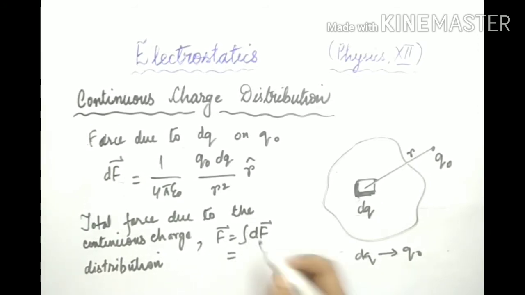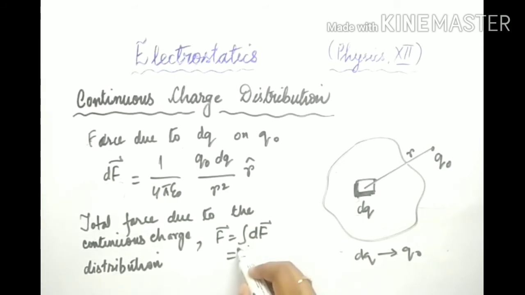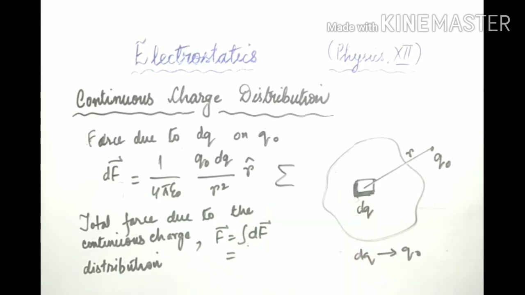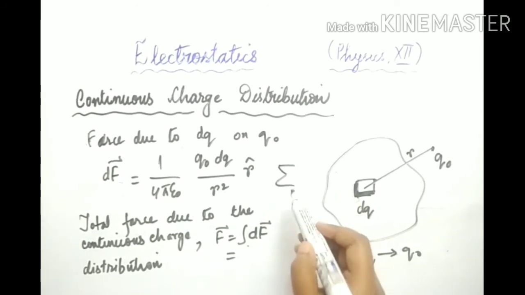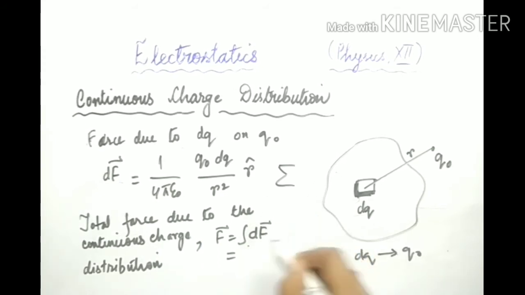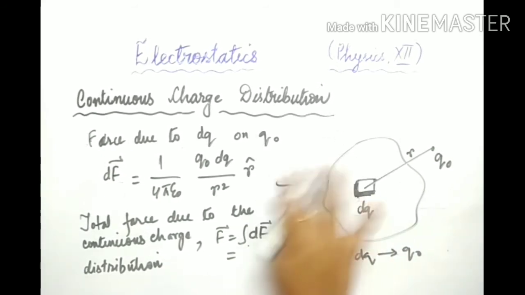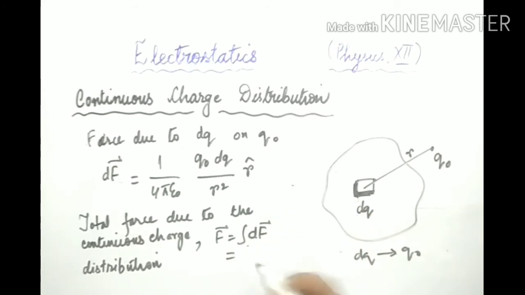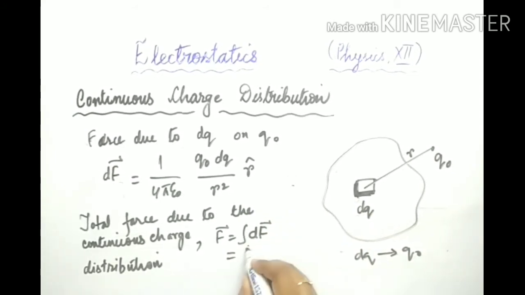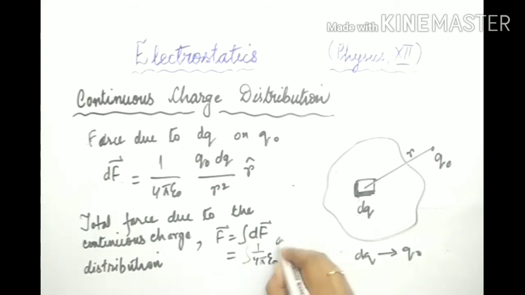So why are we using integration? Integration is used whenever we have a continuous charge distribution, and summation is used whenever we have a discrete system of charges, that is, you can distinguish each and every charge from one another. But when there is a continuous system of charge, you cannot distinguish one charge from another, so we use the integration sign. So in the integration, we get 1 by 4 pi epsilon naught, integral of q naught dq by r square, r unit vector.